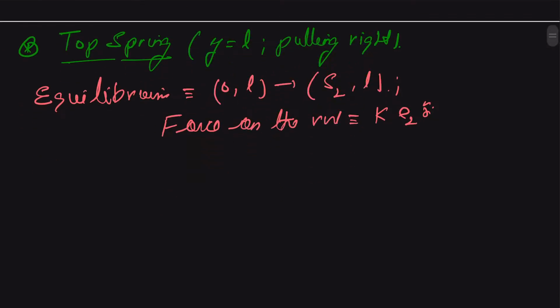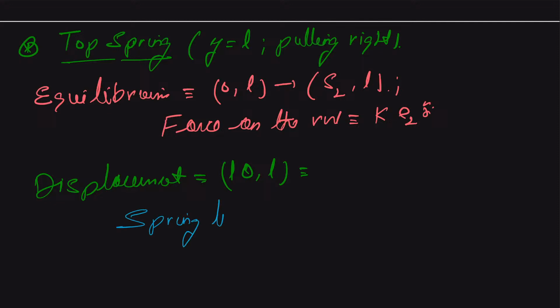So we can find out now our displacement. For displacement we know that the spring is at the position L theta times L. Therefore we can say that the spring length will be equal to S2 minus L theta whole square and square root, and the other will be L minus L, that will be equal to 0.